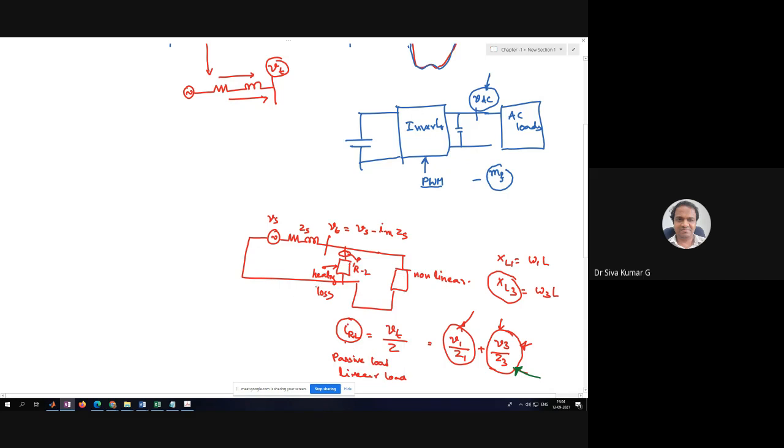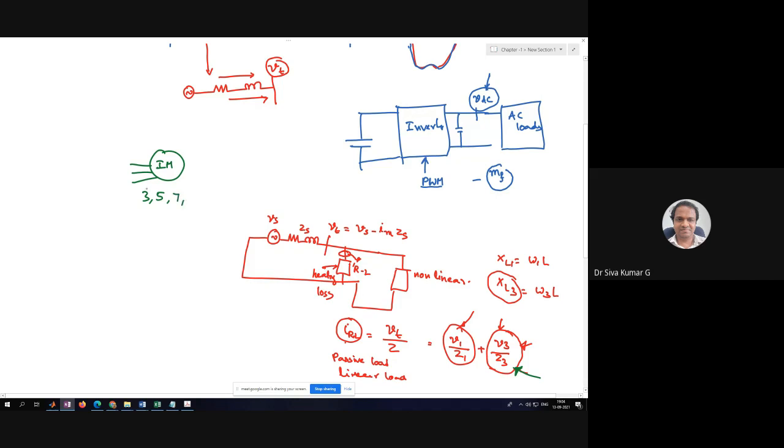I have just given one example. There are other effects when you talk about the induction machine. If you are driving this induction motor with a third harmonic voltage, a fifth harmonic voltage, a seventh harmonic voltage, or even a ninth harmonic.